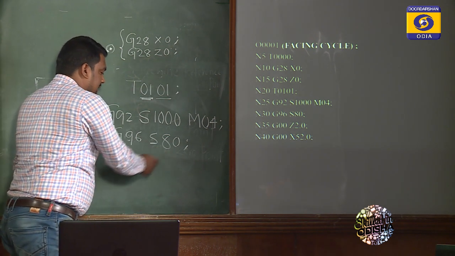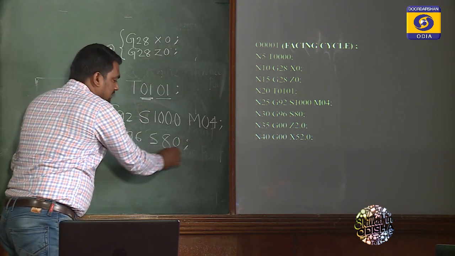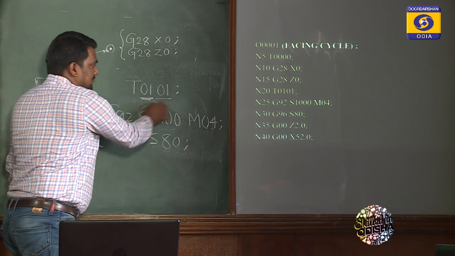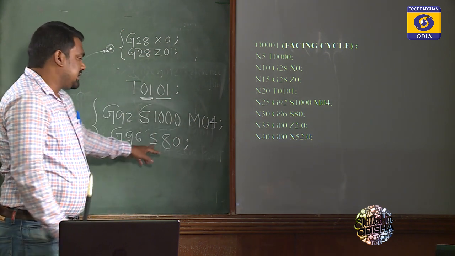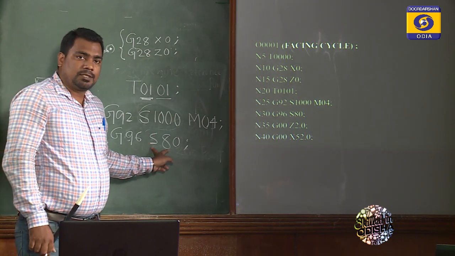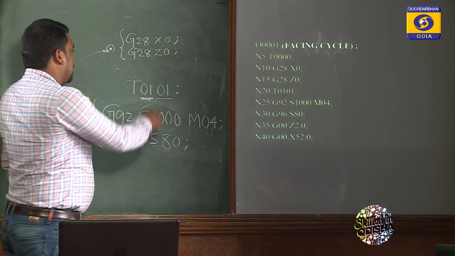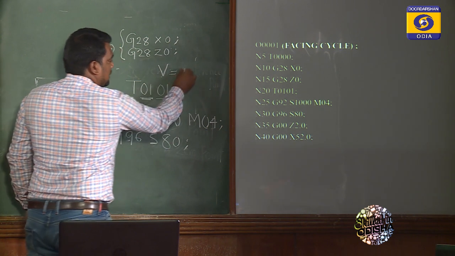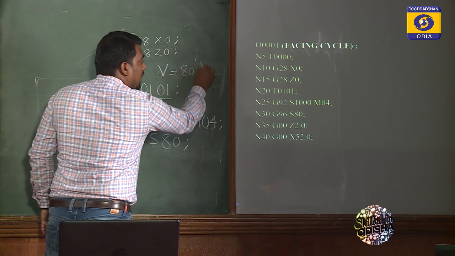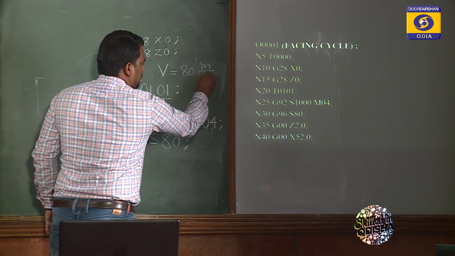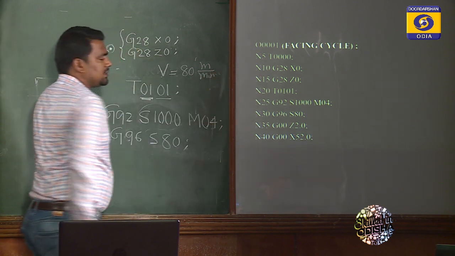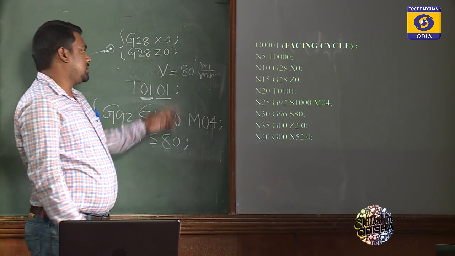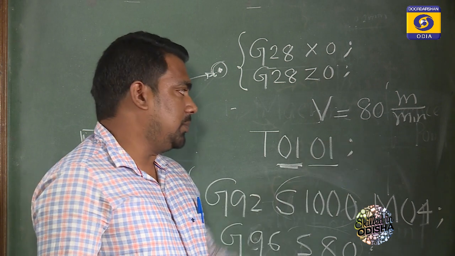G96 S80, here this S differs from the other S. This S is the cutting speed of my spindle, means V is equal to 80 meter per minute. That means in 1 minute it should cut 80 meter.